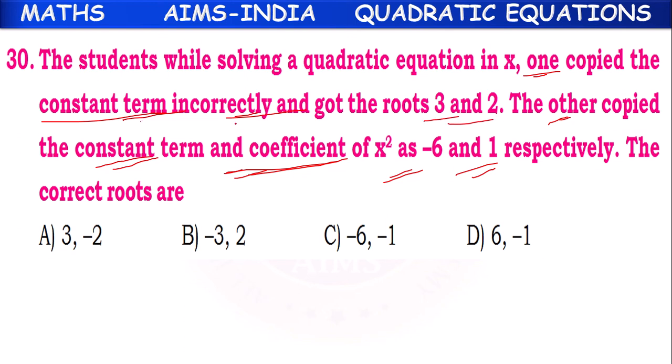One copied the constant term incorrectly and got the roots 3 and 2. The other copied the constant term and coefficient of x square as minus 6 and 1 respectively.